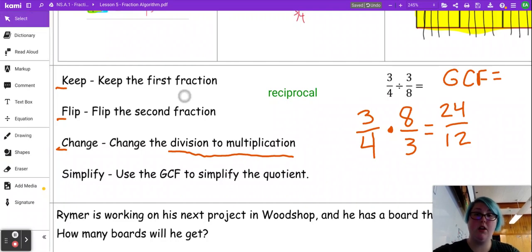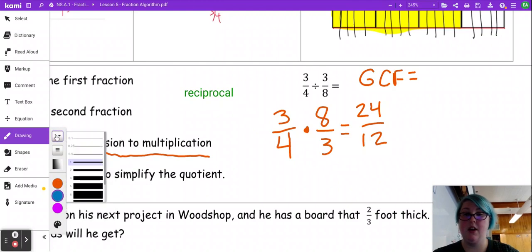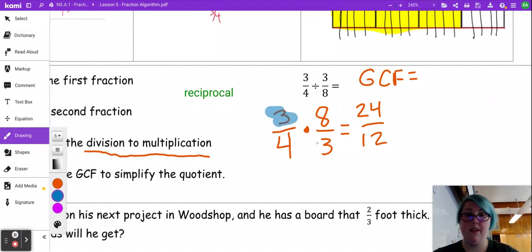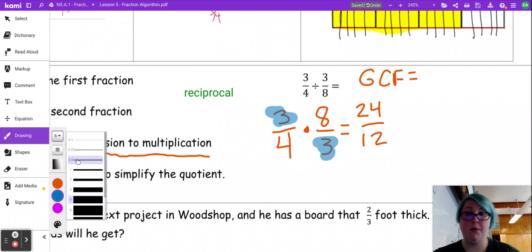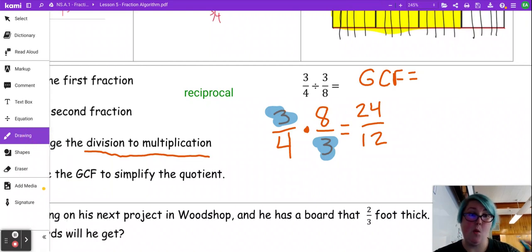However, I want you to notice that we have the same number on both sides of our equation. So we have 3 and we have 3. So when we do that, we are actually able to eliminate them from the problem, because if you put 3 divided by 3 into your calculator, that gives you 1.